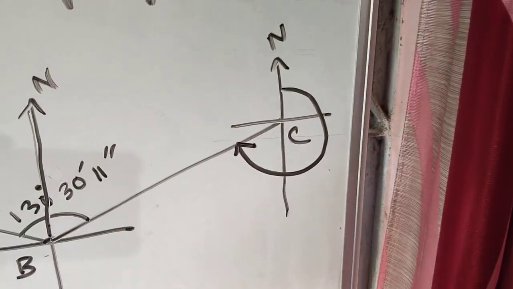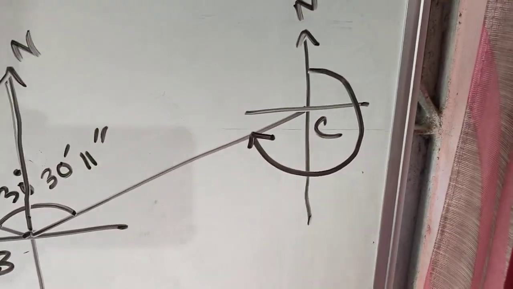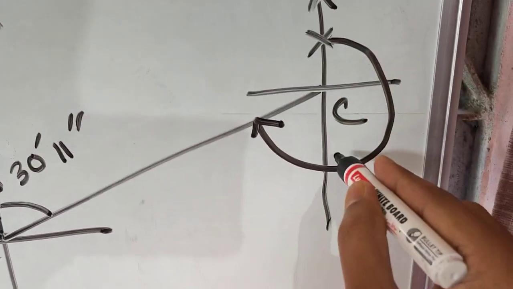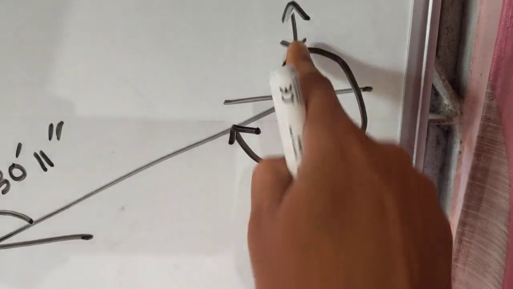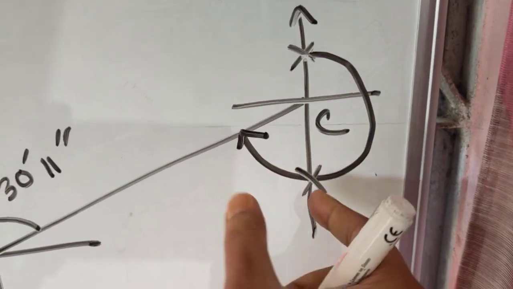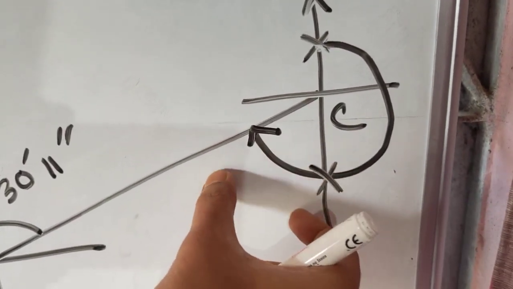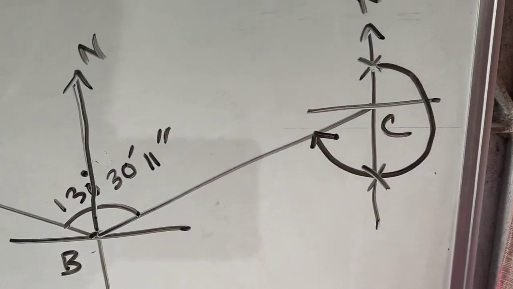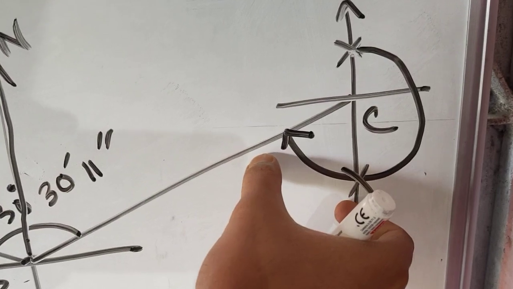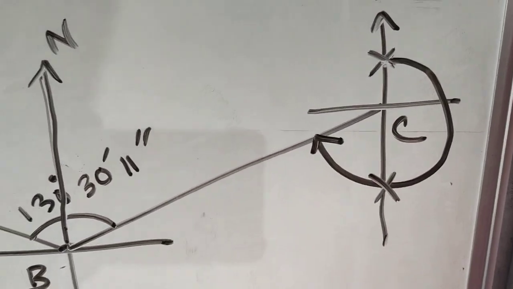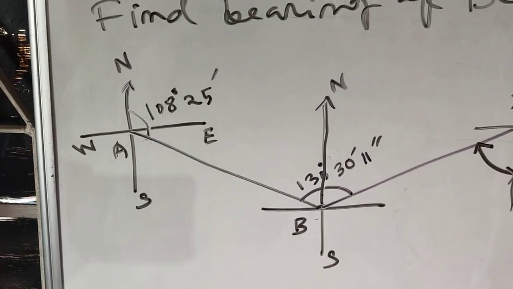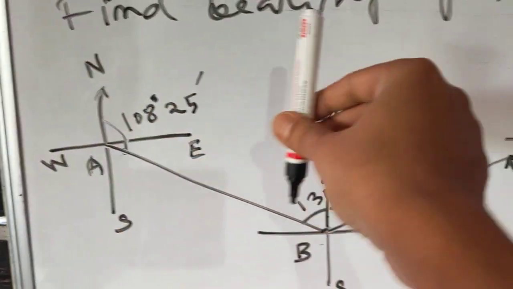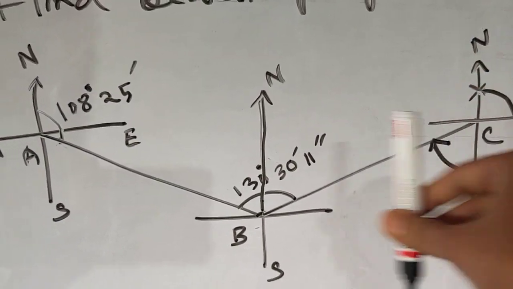So if you look at the drawing carefully, our main goal is to find out this angle. But from this point to this point is 180 degree. So all we need to do is find out this angle and add it to 180 degree, and we will get the bearing. So our main goal at this moment is to find out this angle only. Okay. Now if we look at this drawing carefully, we will know that these lines are parallel because they are representing the same direction, north and south.